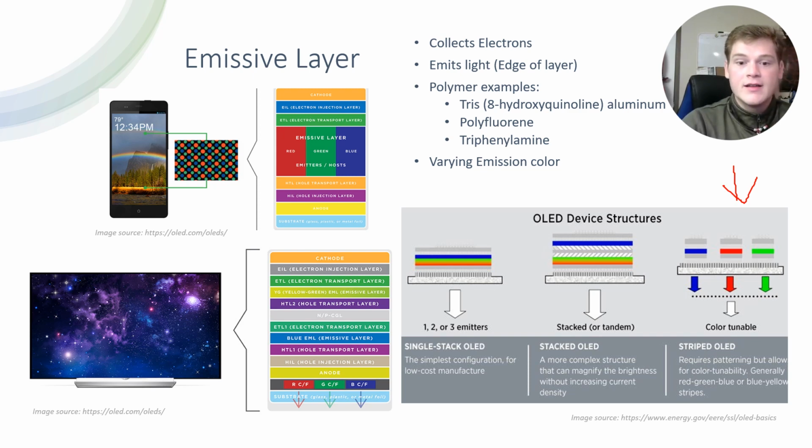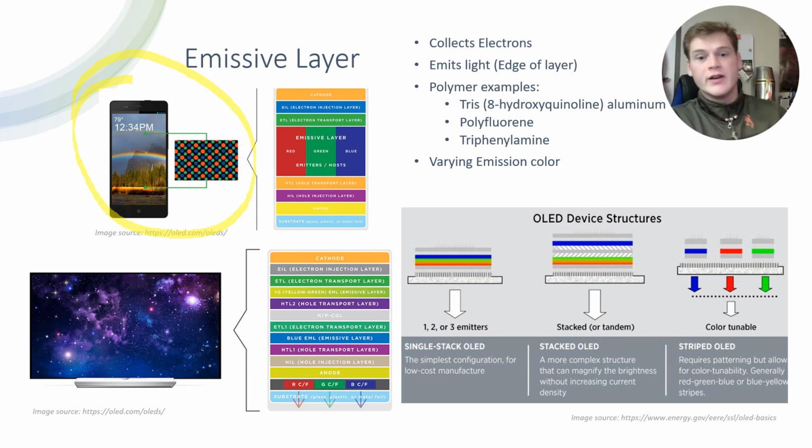Speaking of different displays, there are also 2 distinct ways in which companies are starting to create OLED displays. So over here with this phone is probably the most recognized and common way of creating a screen, which is you have all these little red, green, and blue dots that are tightly packed within one another.